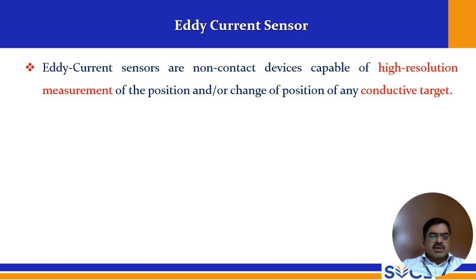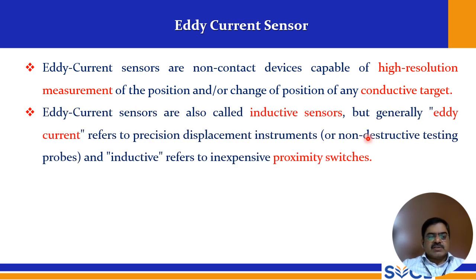So first one, current sensor we shall discuss. It is the eddy current sensor, also a type of current sensor only. Eddy current sensors are non-contact devices capable of high resolution measurement of position and/or change of position of any conductive target. Eddy current sensors are also called inductive type sensors, but generally eddy current refers to precision displacement instruments or non-destructive testing probes, and inductive refers to inexpensive proximity switches.